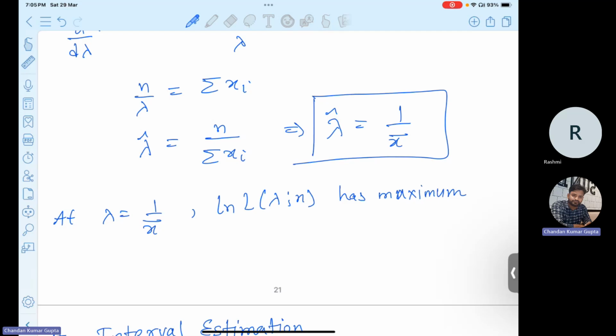There are more methods to estimate the parameters, like the least square method, uniformly minimum variance estimator, chi-square method, and maximum product spacing method. A lot of approaches exist, but since it is an introductory course, we have covered only the method of moment estimator and the maximum likelihood estimator, because these two are used most of the time.